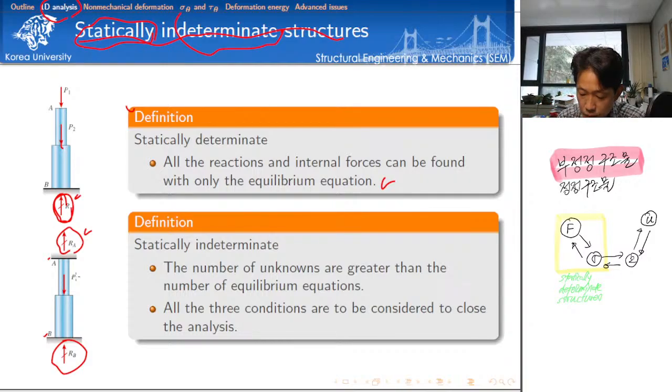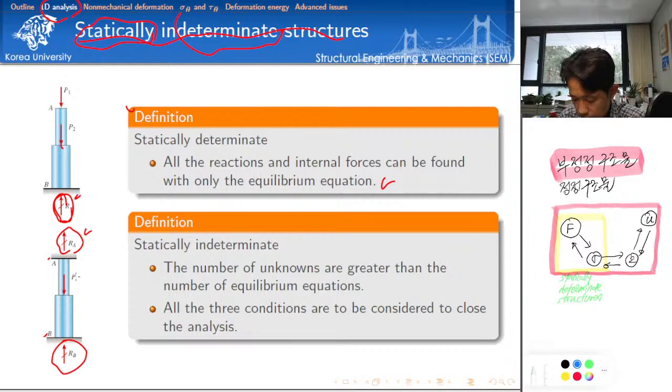We have to consider all of the three conditions. And this is the case for the statically indeterminate structures. Do you understand the difference?